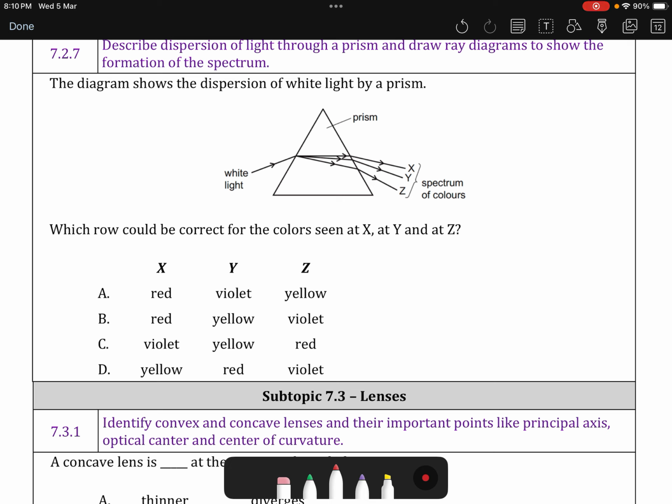Actually, the red color will refract less, and then yellow, and then violet color. So the answer is B. Because the least refraction is with red, the highest refraction is with violet color.